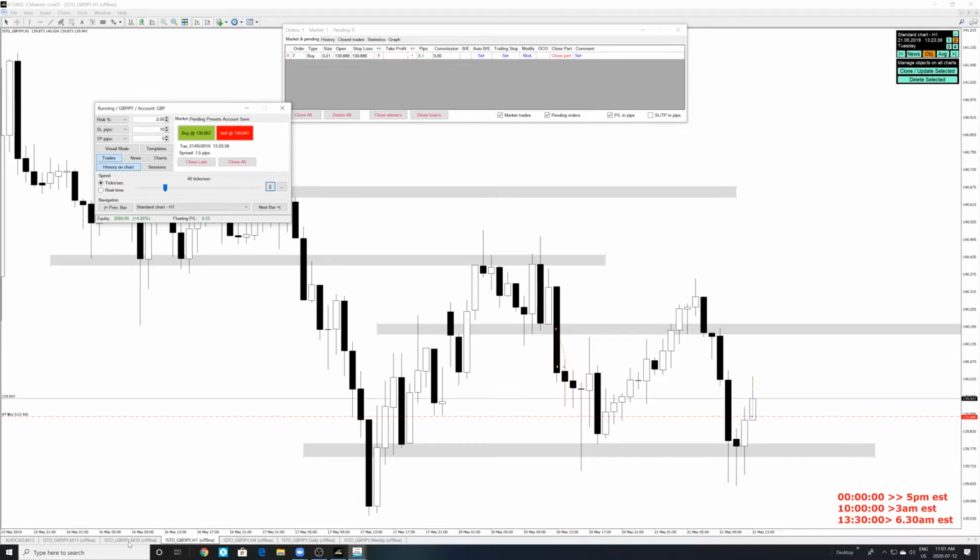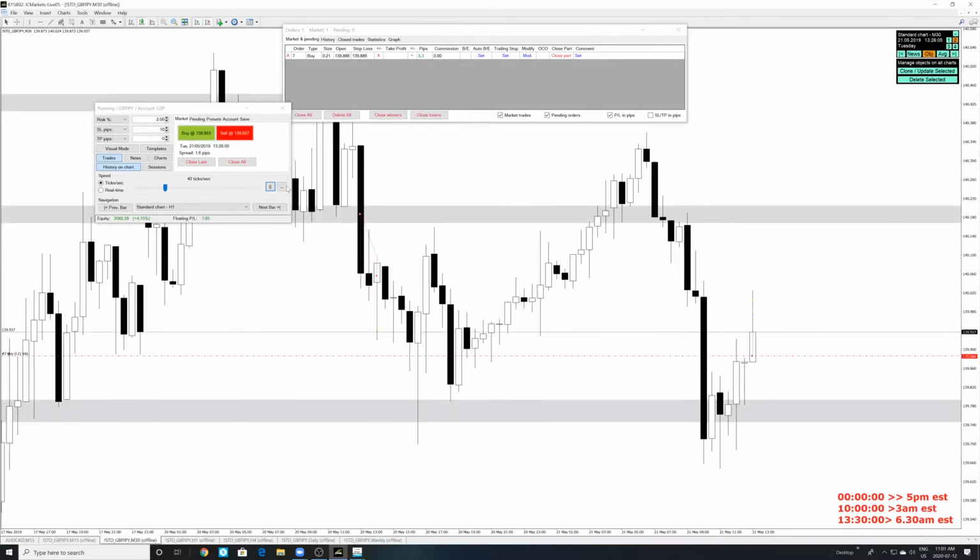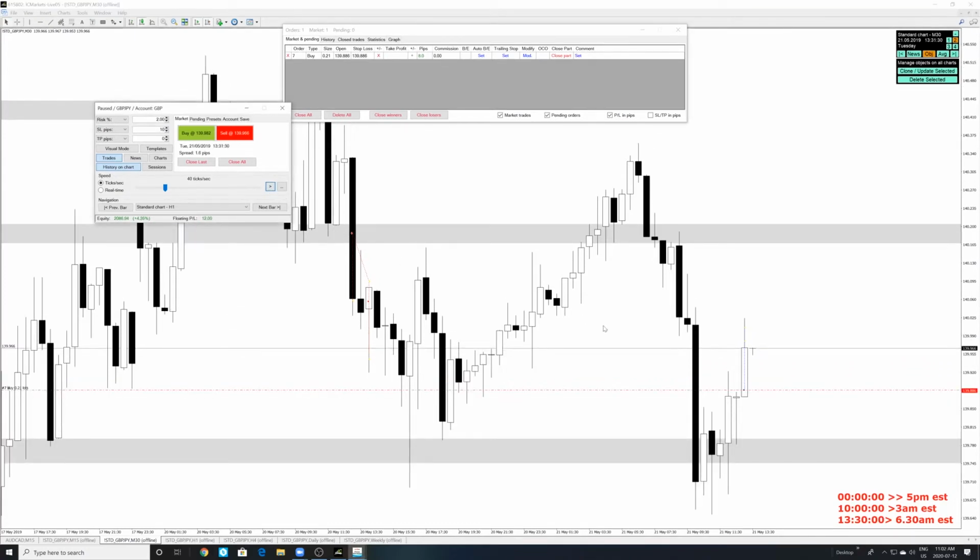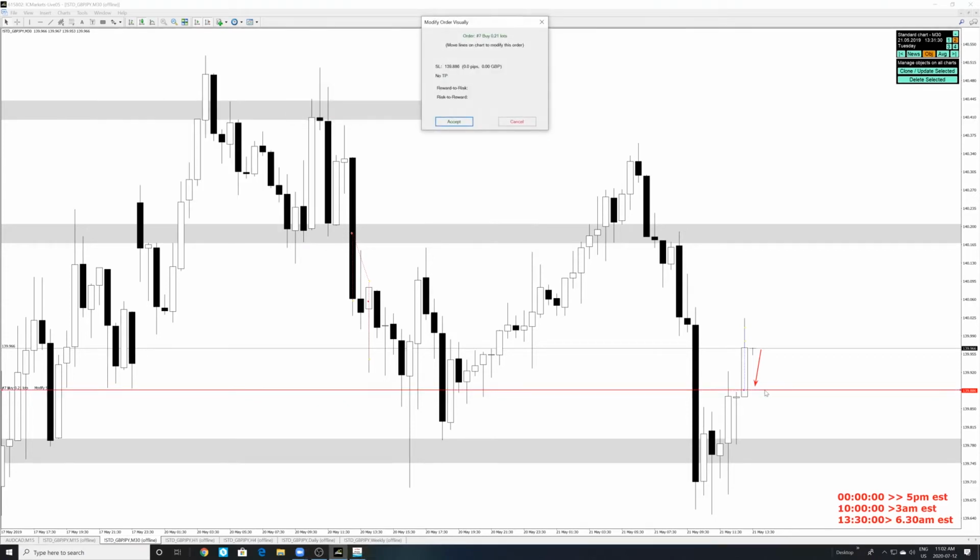So yeah, I think this is good, and I also think this is very important, right? Since this 30-minute candle closed with no wick at the bottom, this means that maybe the next candle can come down and stop us out. So it's going to be a good idea to maybe move the stop a couple pips below the 30-minute candle.